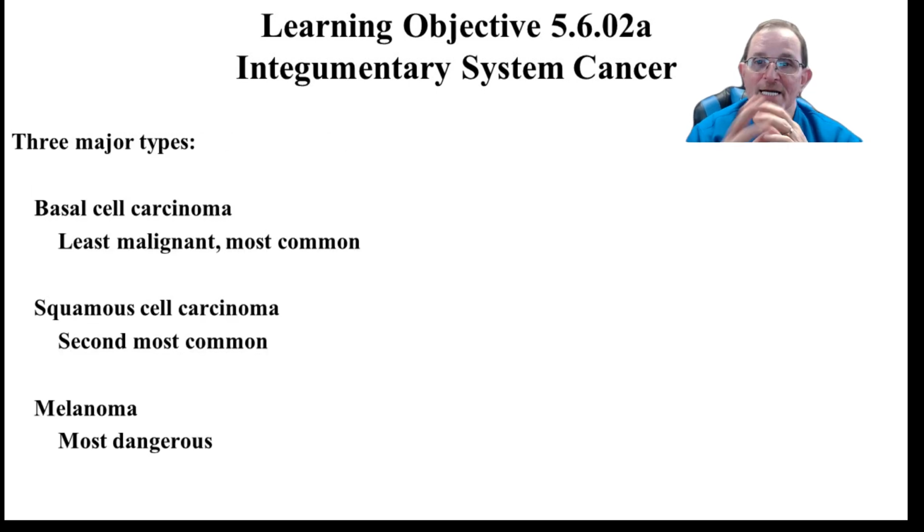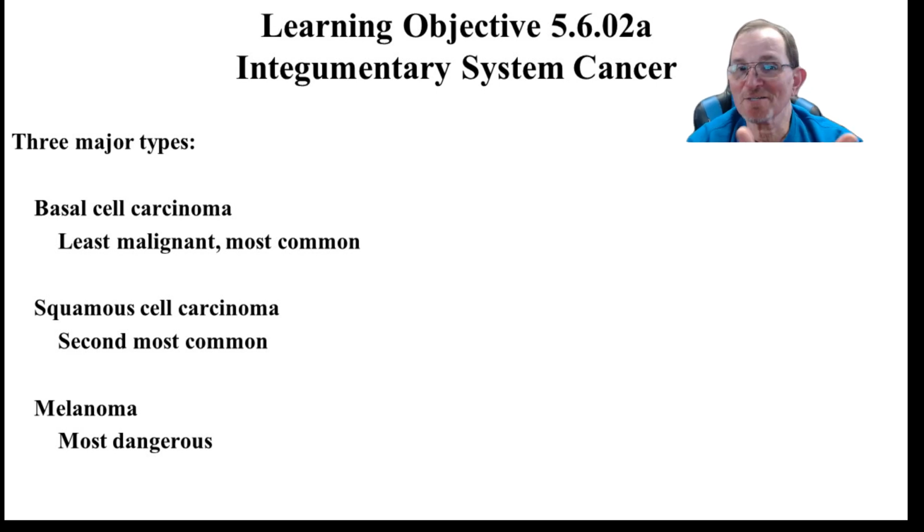the three main kinds that we're going to deal with, and again, I'm sure the dermatologists have more and more complicated ones, but this is enough for us. Basal cell carcinoma, most common, and it's also the least malignant. It's not really going to be too much danger of it spreading.